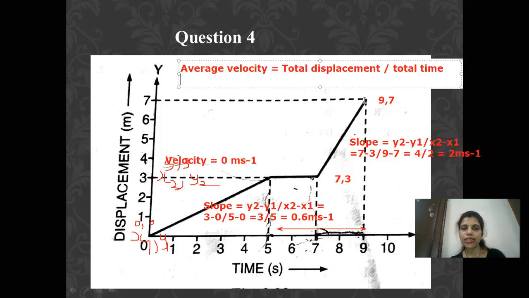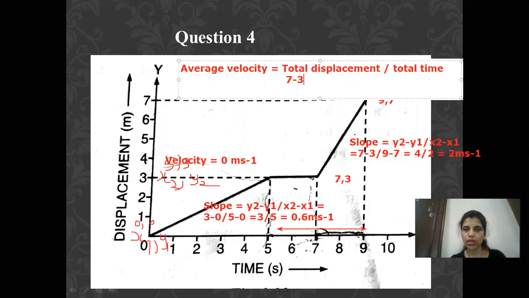So you have to subtract 7 and 3, because this is the starting displacement when it is at 5. The time is 5 seconds, and when it reaches 9 seconds, the displacement of the body is 7 meter. So 7 minus 3 is how much? 4. So the total displacement is 7 minus 3, that is 4.